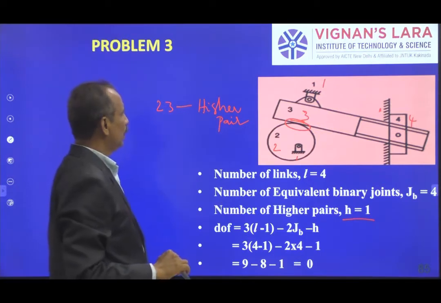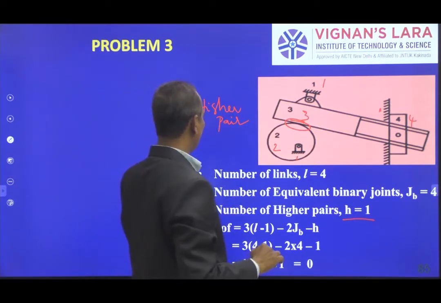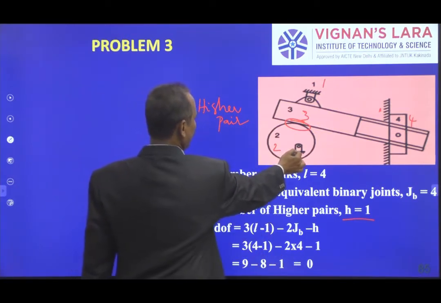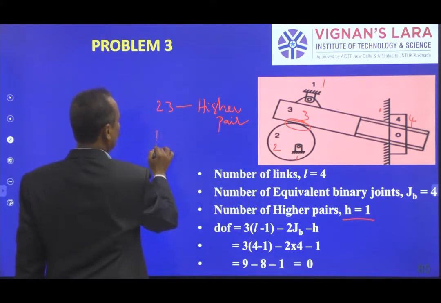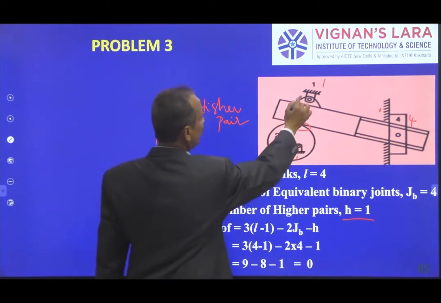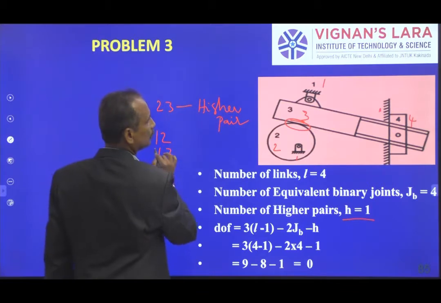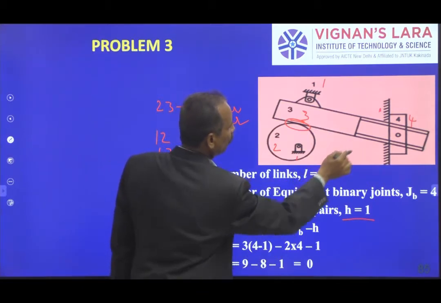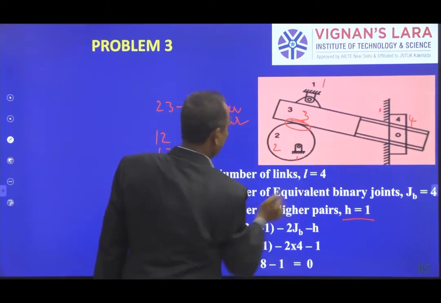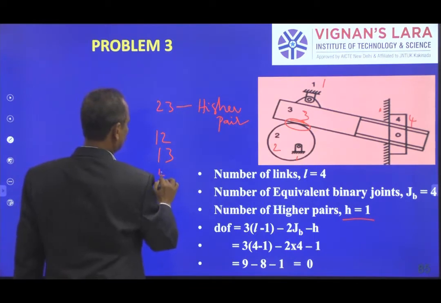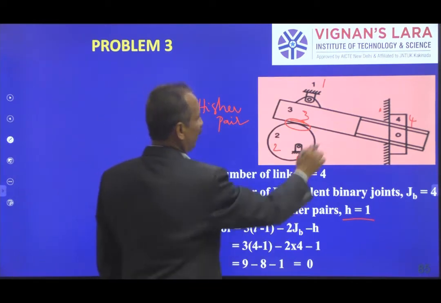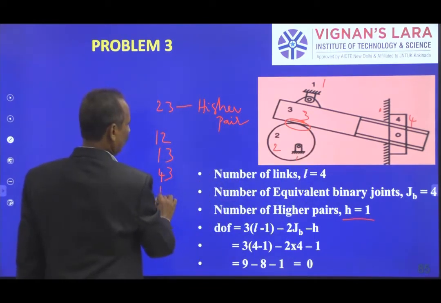H. Then coming to the other binary pairs, that is 1, 2, okay, 1, 3, then 4, 3, and finally 1, 4.